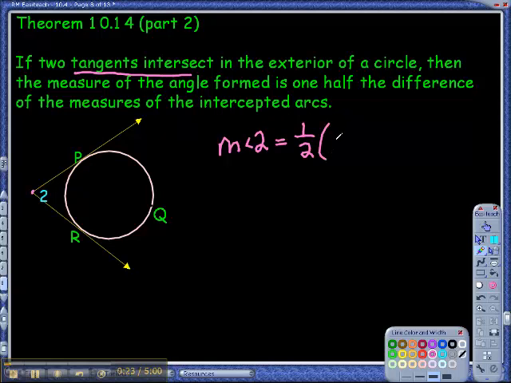So 1/2 of the difference between, again, the larger arc minus the smaller arc. So we're going to do the measure of arc PQR minus the measure of arc PR. So same idea. Whenever you notice that there's a point outside, we're doing a difference. It's half of the difference between the two arcs that you'll see.